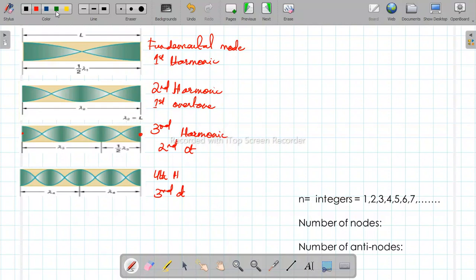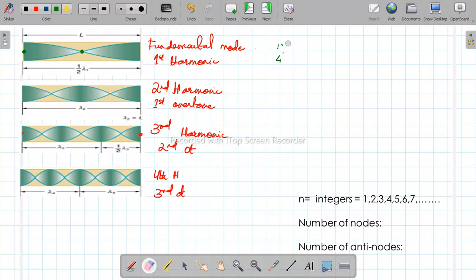Following the exact same steps we followed in the last two cases. In this case, we have established that the distance between empty node and node is lambda by 4, right? It is 1 times lambda by 4, then 2 times lambda by 4. So we can write in this case length is 2 times lambda by 4. Or in other words, we can just directly take it in the terms of lambda by 2, right? So let's just do this.